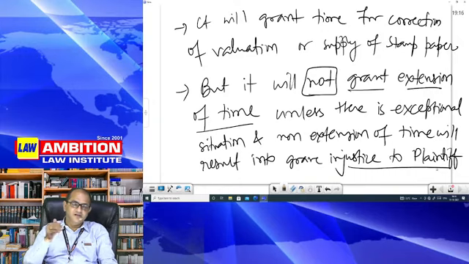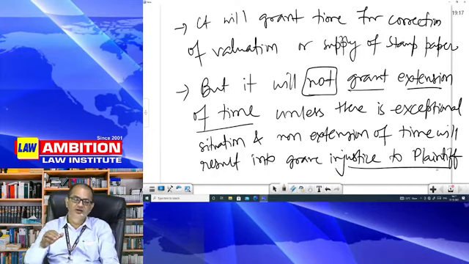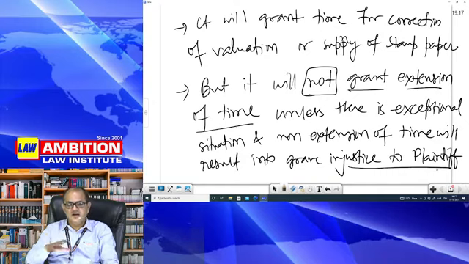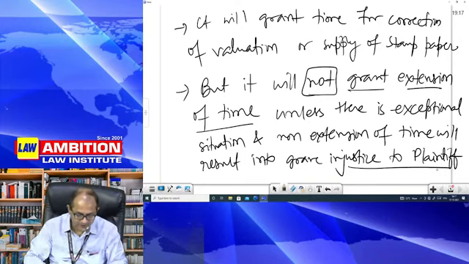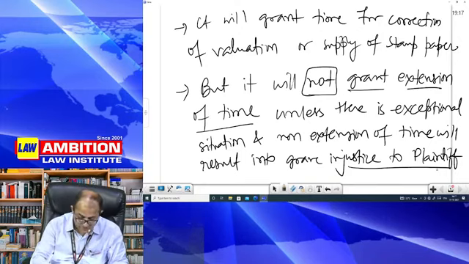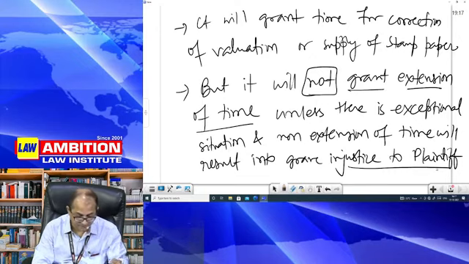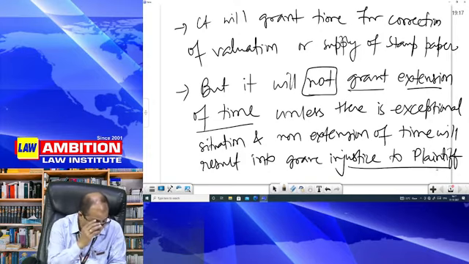And the facilitation will be that you have allowed them exemption, you have allowed them opportunity to correct the error later on. So this is very much required. Now for proper understanding of this rejection of plaint, you are required to understand the different terminology used here. But before I go into different terminology, there are few cases written in your Bare Act also.